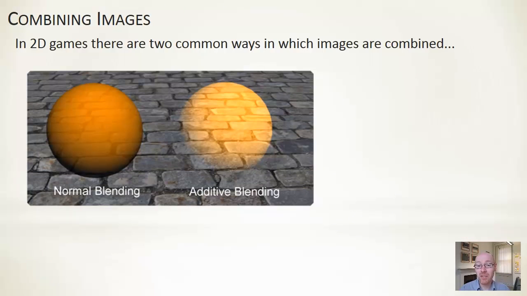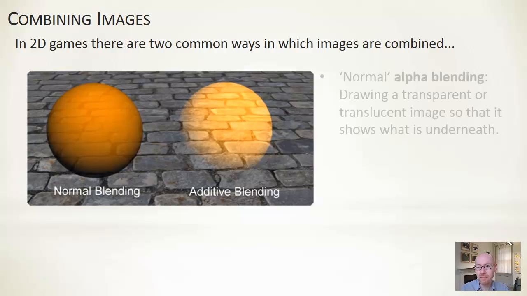For us, when we're considering 2D games, there is only 2 forms of combination that we are particularly interested in, and you can see the examples of what they look like shown on the screen here. Admittedly, it's a 3D render, but nonetheless it does convey the type of 2D compositing that we're interested in.